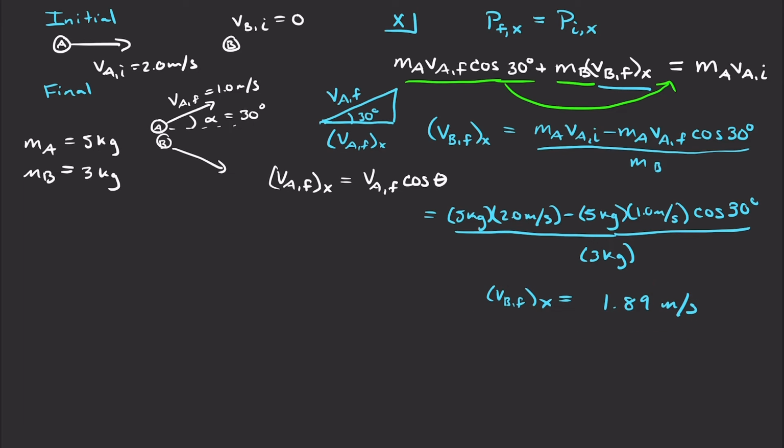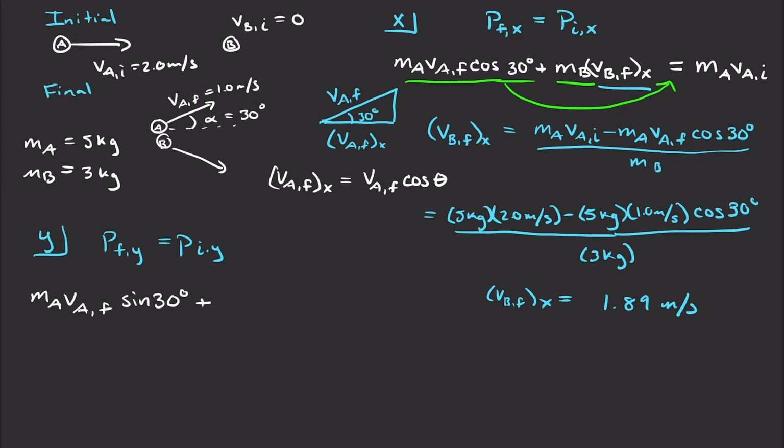And now I need to do the same thing with the y component. So now we need to do the same thing in the y direction. So we get PFY equals PIY. This one's a little bit easier. So you get something that looks very similar on the left-hand side. So you have mass A that is moving up, so it's positive. And the x component was cosine 30, so the y component will be sine 30.